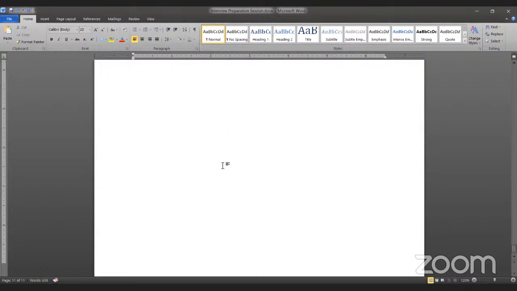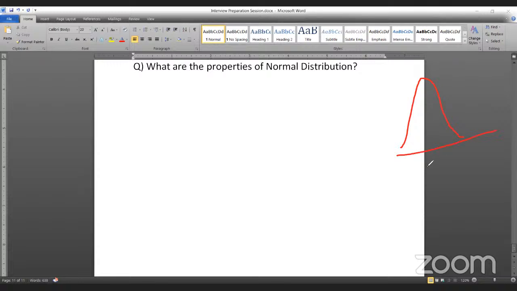A normal distribution means this bell curve. So what are the properties of a normally distributed bell curve?